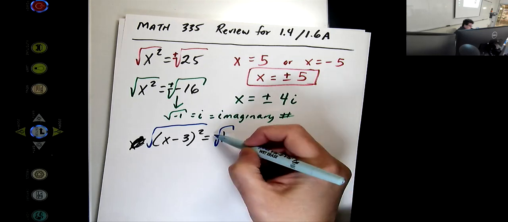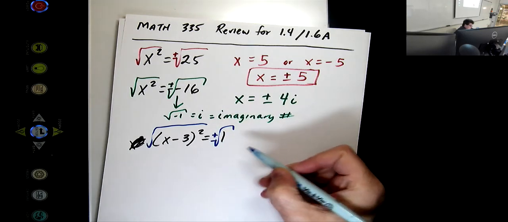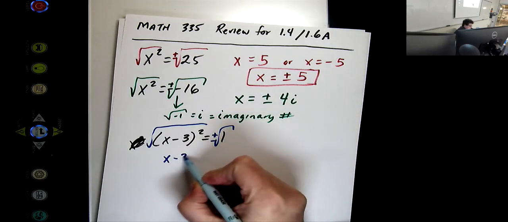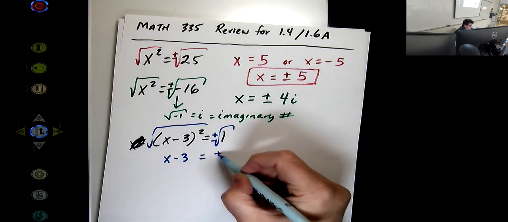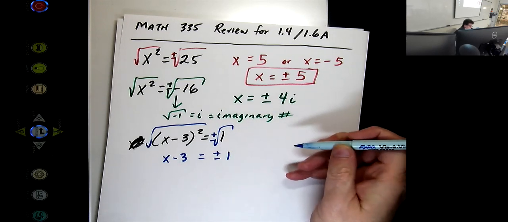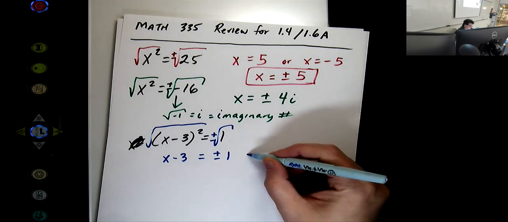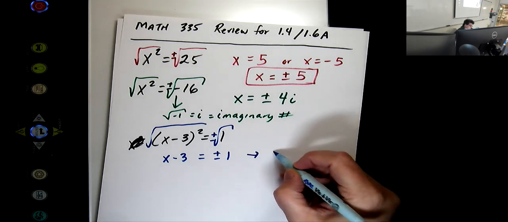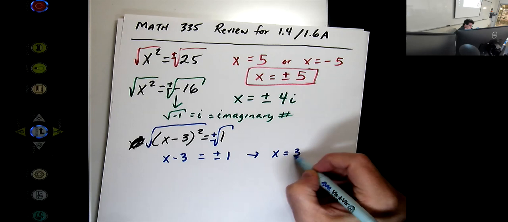Take the square root, we got to have the plus or minus. The left side is x minus 3, the right side is plus or minus 1. So if I add 3 to both sides, I get x equals 3 plus or minus 1.